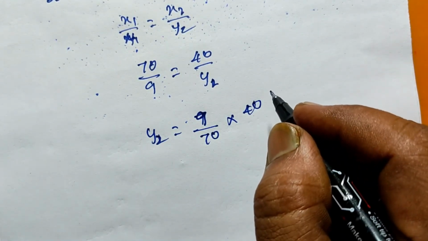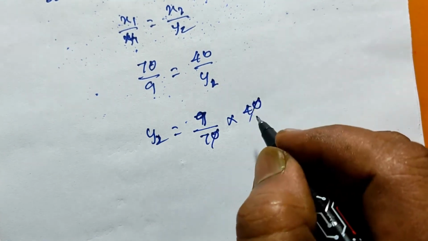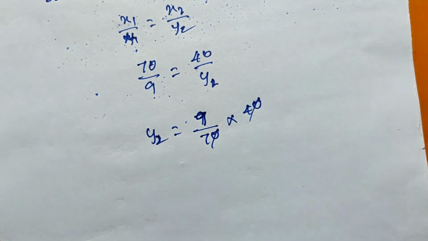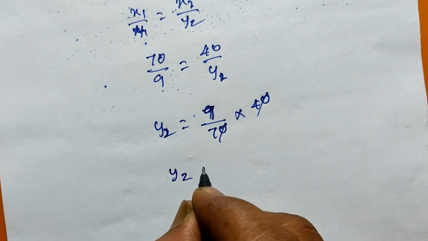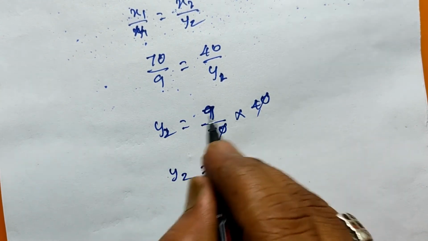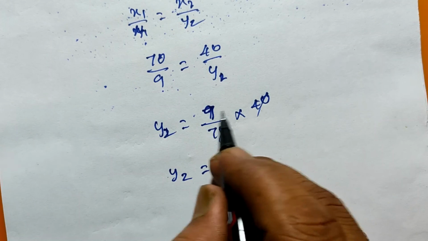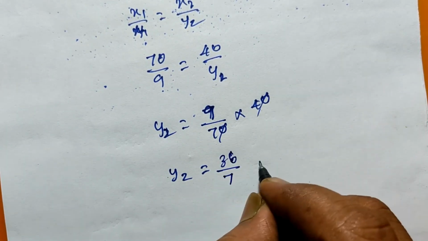We can cancel this with this. So that y2 equal to 9 into 40 divided by 72.